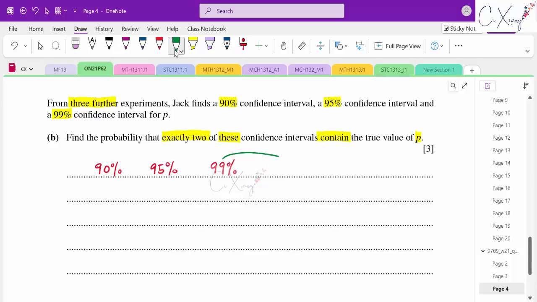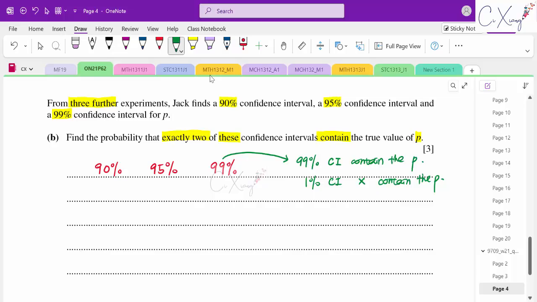A 99% confidence interval basically means 99%, or 0.99, sure that the confidence interval contains the P. For this case, if you found the mu, it will be 99% that the confidence interval contains the mu. That means 1% of the time the confidence interval does not contain the mu, or does not contain the P. So that's the meaning of the confidence interval, and you need to be aware of it.